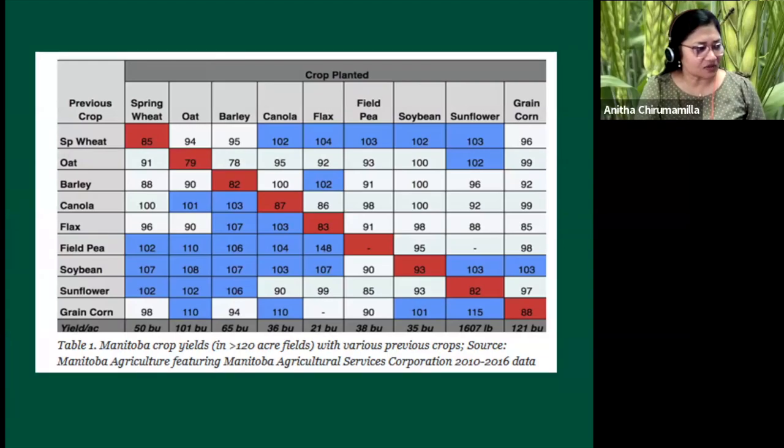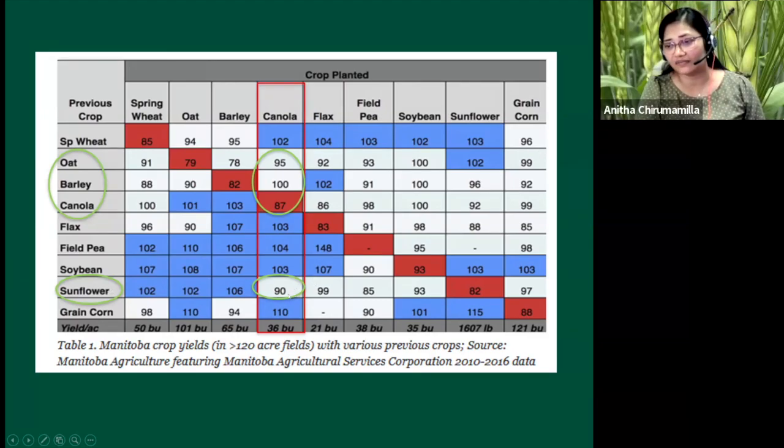This is a study that was conducted in Manitoba, and you can focus on this row and this column. Obviously you don't want to go canola after canola because that will be a recipe for yield losses. For the majority of the rest of the crops, you can grow any of these crops that are in blue, but you want to stay away from those that are in white.